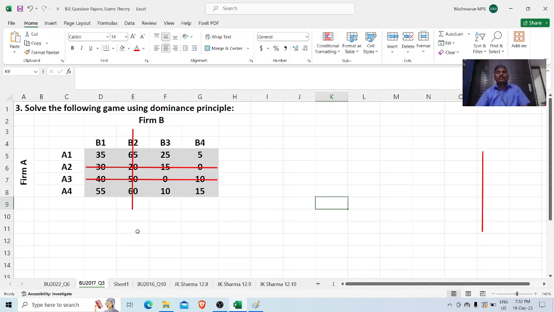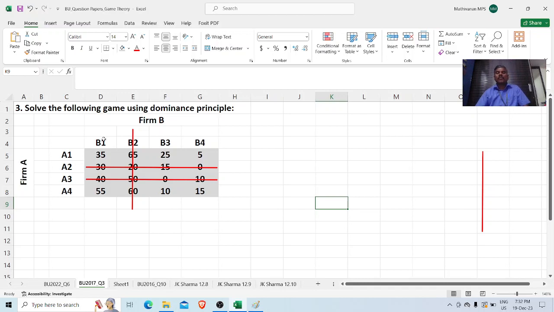When firm B is using the strategy B1 and the corresponding strategies used by firm A are A1 and A4, the loss is 35 points and 55 points. When firm B uses the third strategy, that is B3, the losses are 25 points and 10 points.